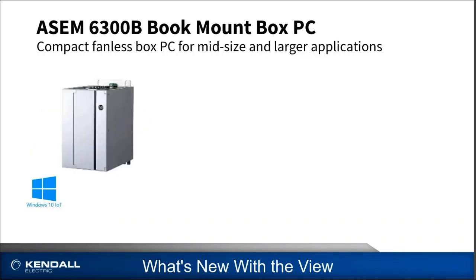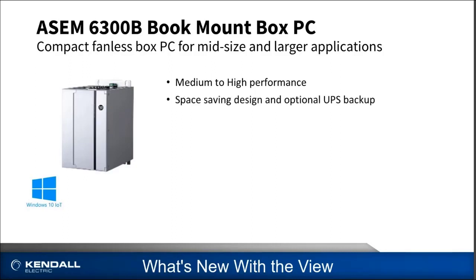The next box PC version available is a book mount profile. This again is intended for HMI and third-party applications where that medium to high performance is required in a space-saving design with an optional UPS backup.